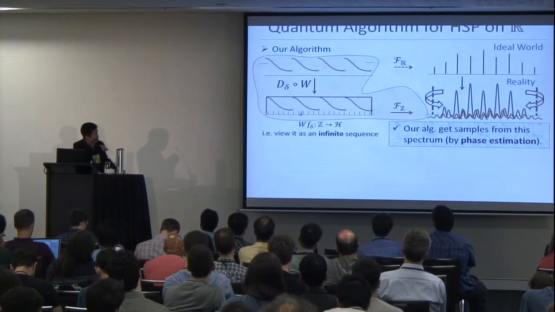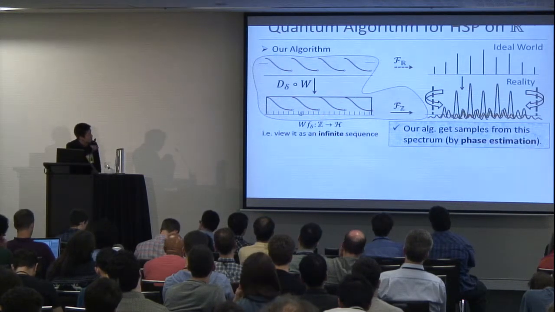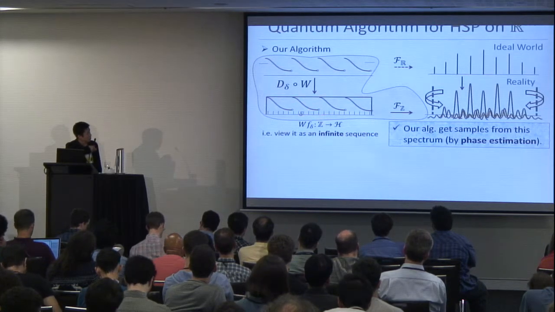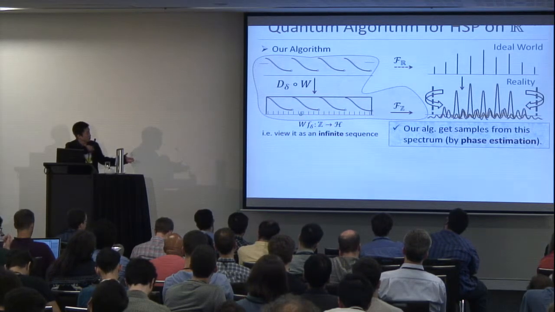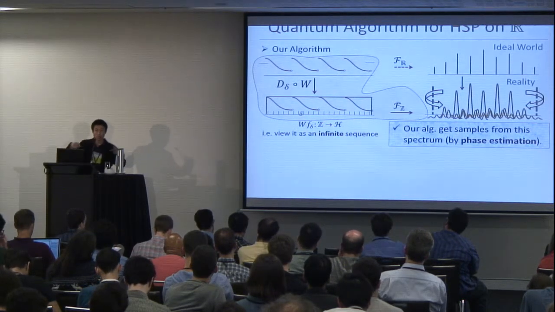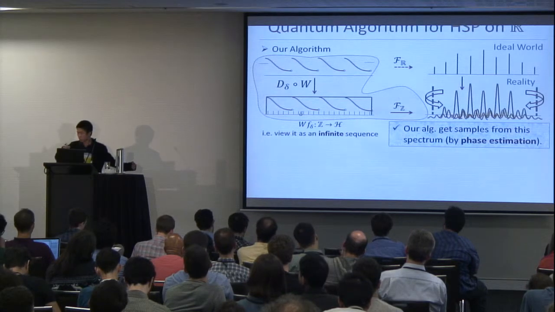I want to point out that in our algorithm, we treat this function after truncation and discretization as a function defined over the whole integers. Namely, we view it as an infinite sequence, even if it's 0 outside the window.